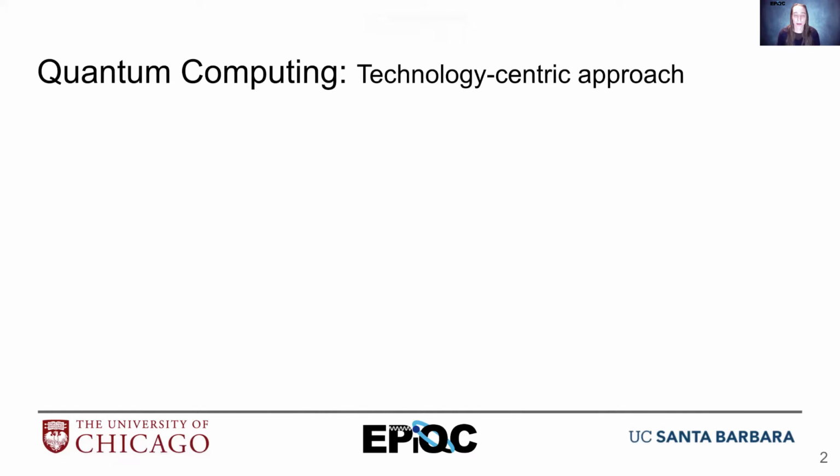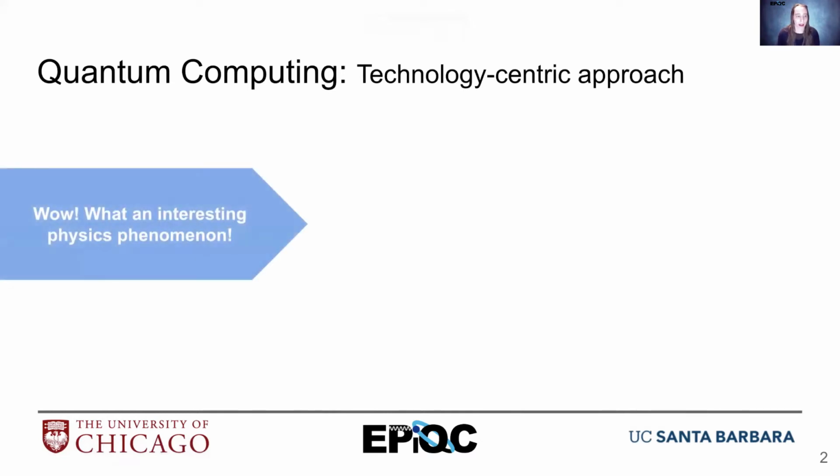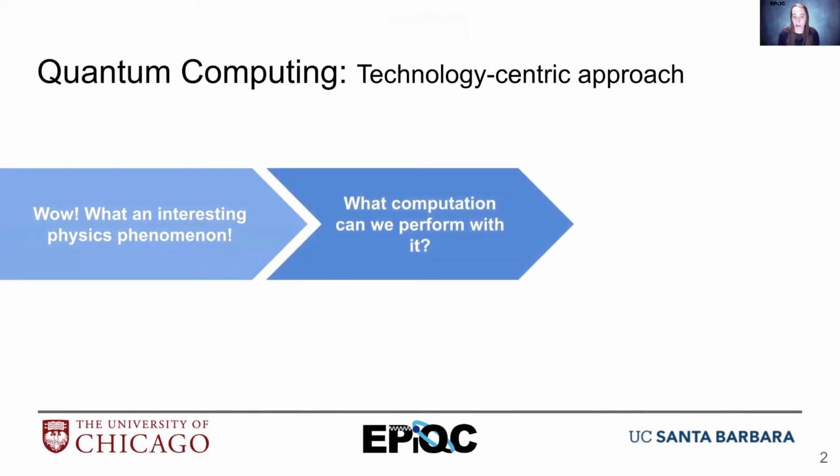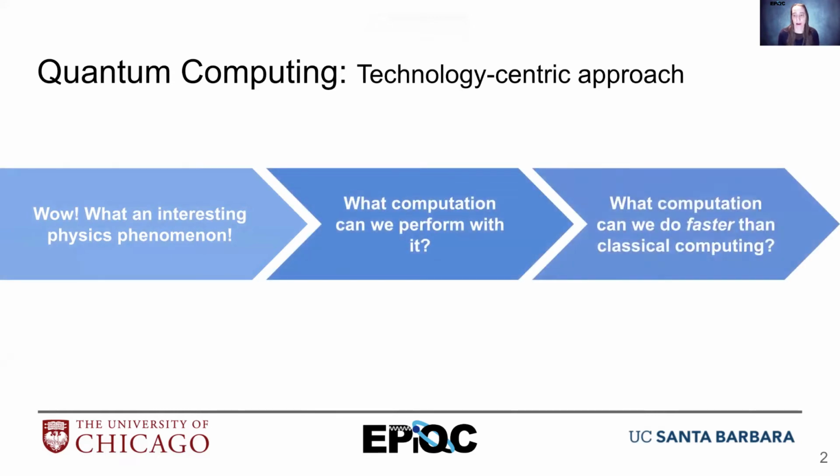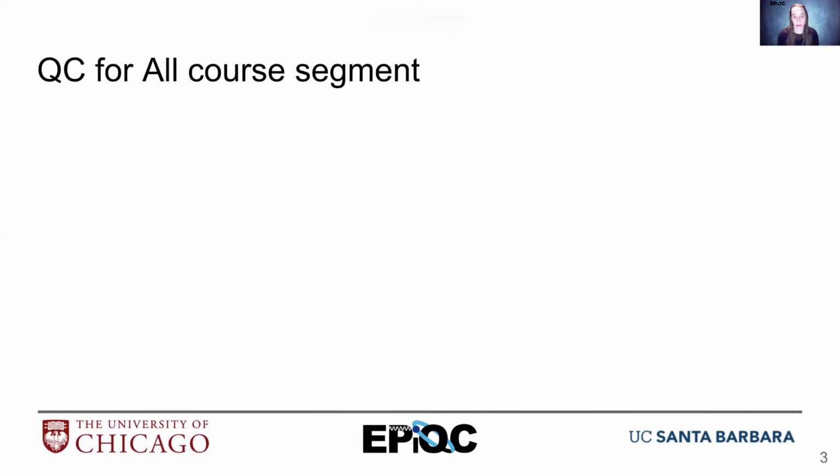So in Quantum Computing for All, the first course, we took a technology-centric approach and presented interesting physics phenomena, what computation we can perform with them, and then what computation we can do faster than classical computing. We just scraped the surface of this using the visual representation.